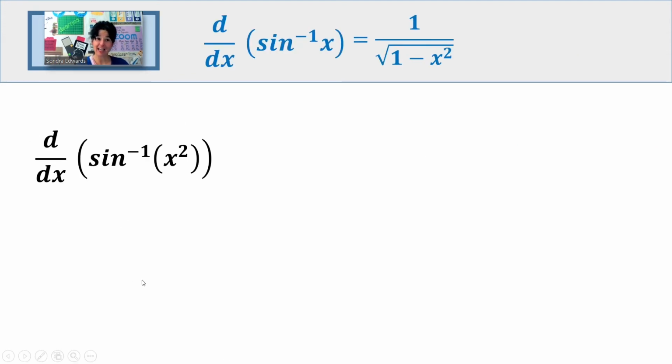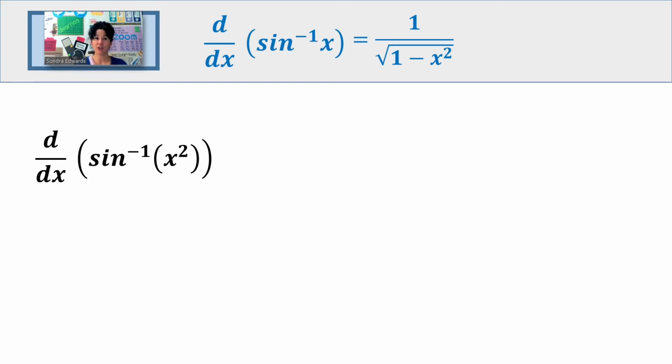We would like to find the derivative with respect to x of sine inverse of x squared. Okay, so with respect to x, anything that is not plain x, we're going to need to treat like an input function. So we'll need to chain on the derivative of the input function.